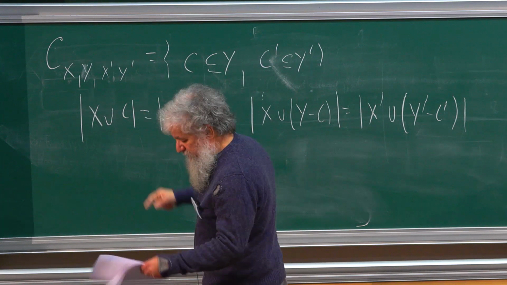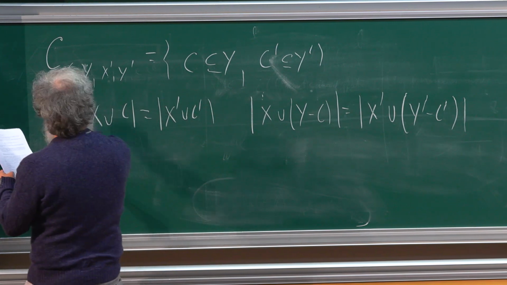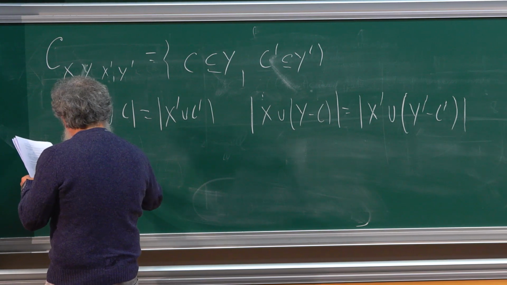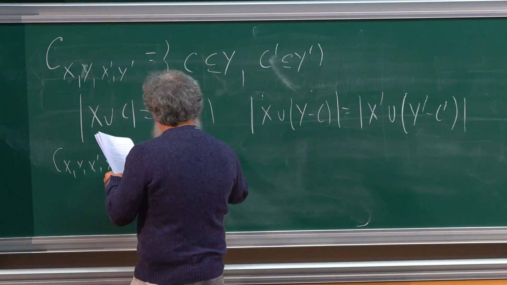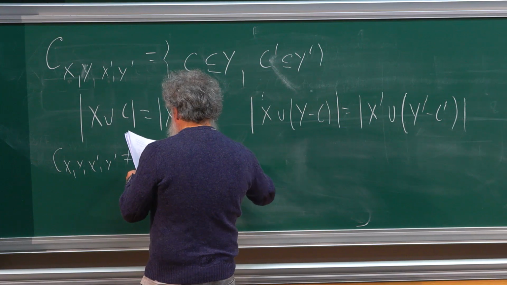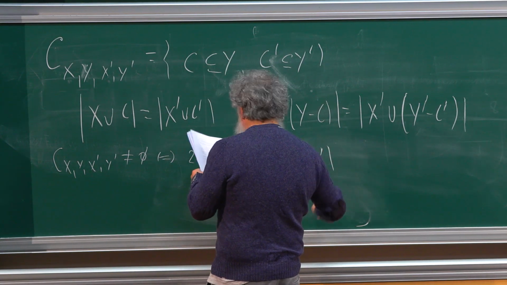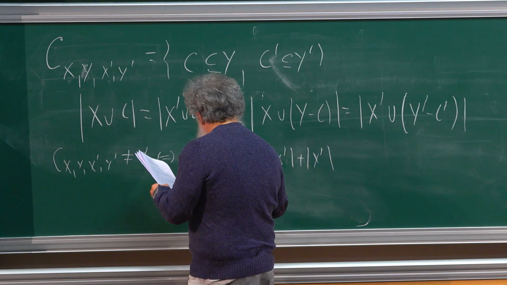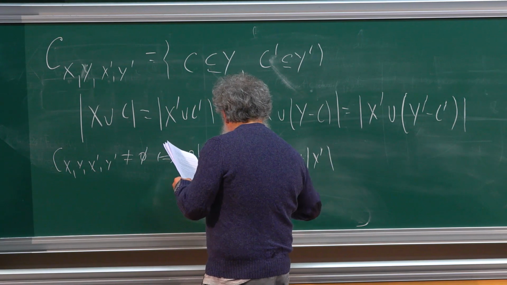And then one can easily see that this set is non-empty if and only if 2X plus Y is equal to X prime plus Y prime, and in particular the difference Y minus Y prime is divisible by 2.